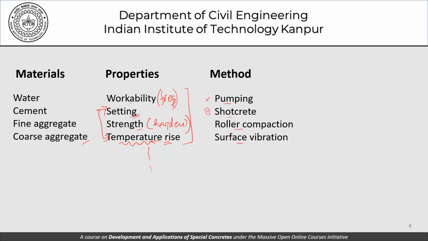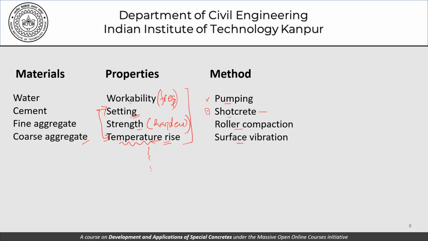You may like to have a concrete which sets very quickly, because shotcreting is a process by which you gunite or you deposit concrete under pressure. That concrete could rebound. So before this rebound and so on happens, you would like the concrete to set so that all this rebounding is stopped.